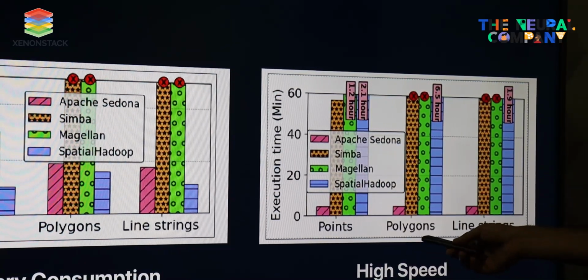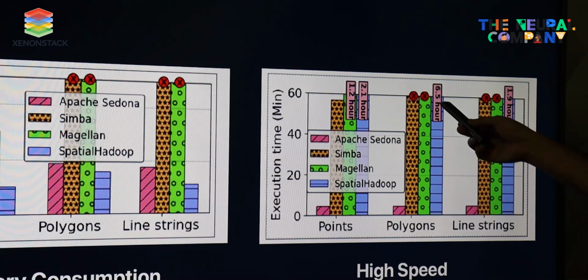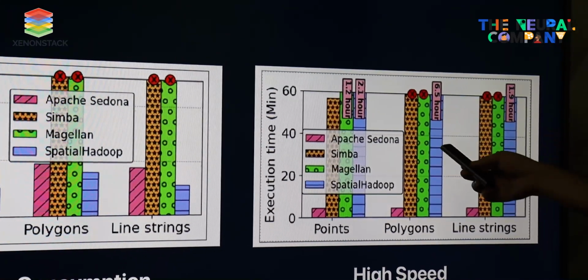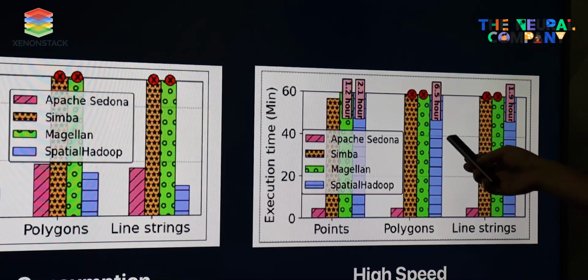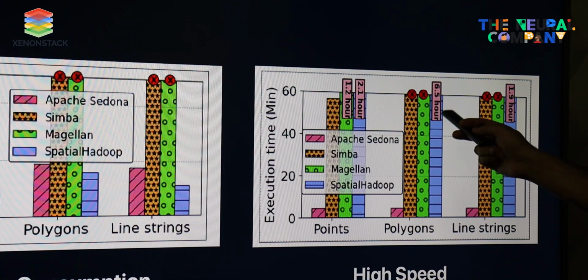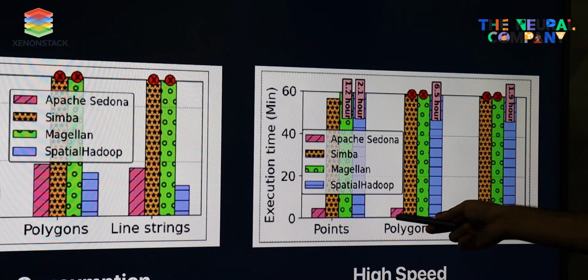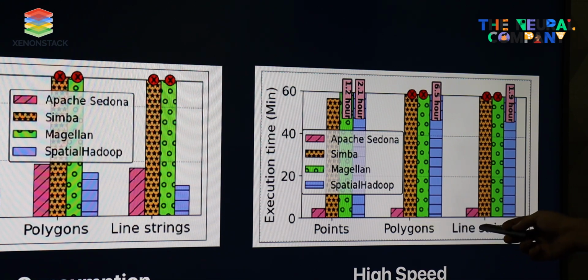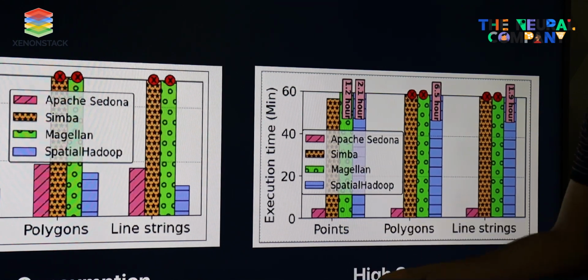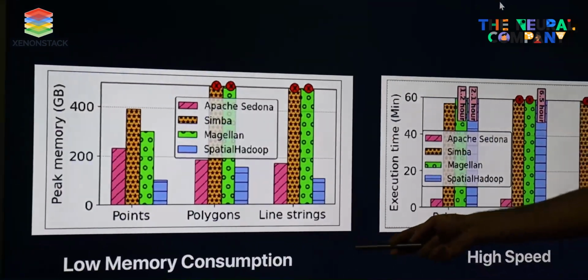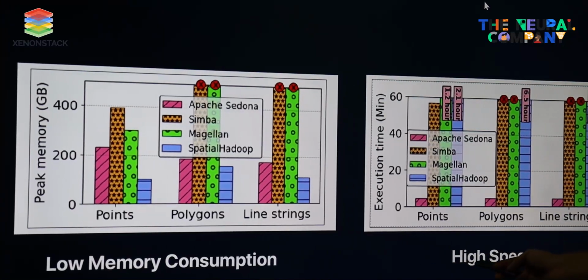If we see polygons, it took almost 6 hours to process polygons in Spatial Hadoop, Simba and Magellan, whereas it took almost 1 hour to process the polygons in Apache Sedona. And the same goes for lines as well. So we can conclude that Apache Sedona consumes less memory and it operates at a very high speed.